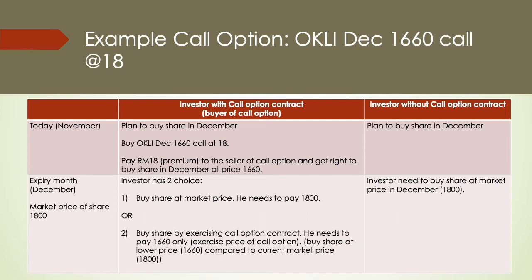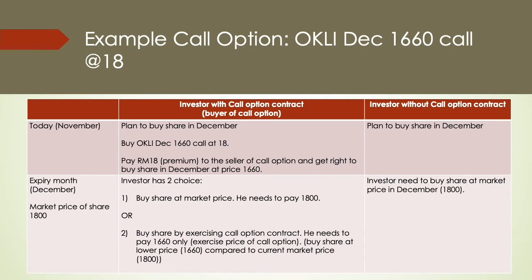Investor without call option contract, he just plans to buy share in December and does nothing. When it comes to December, both investors decide to buy share. So investor with call option contract, when it comes to December, now he has two prices to buy the share.